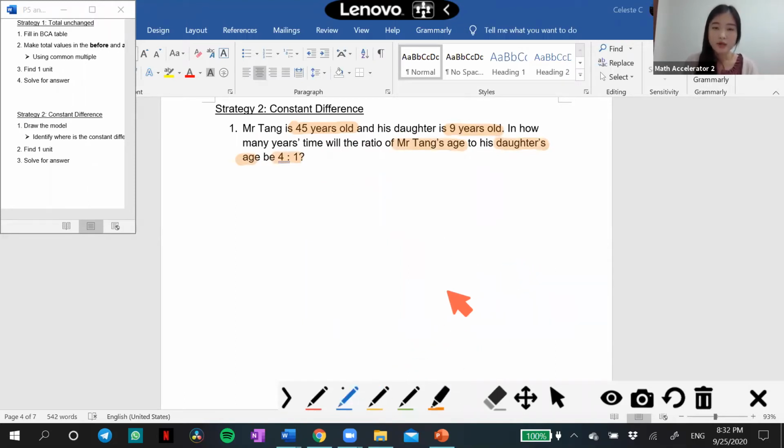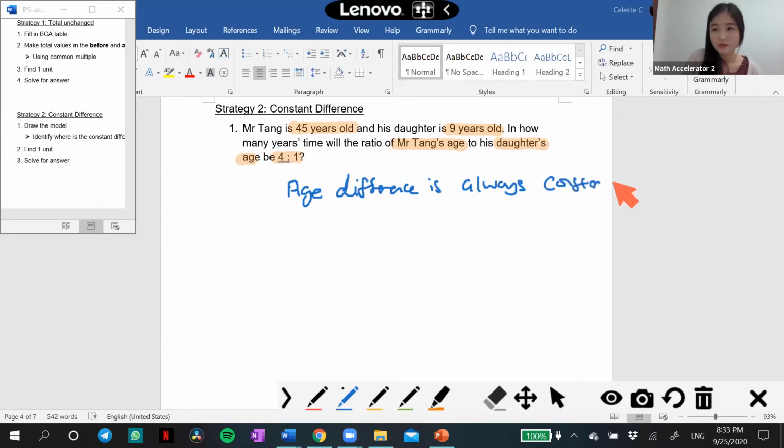Okay, what do you know about age? Age difference is always what? Okay, thank you, Haziq. Every time I tell you, age difference is always constant. Okay, good. Constant or same is the same thing.